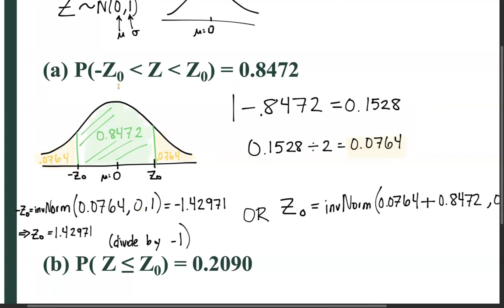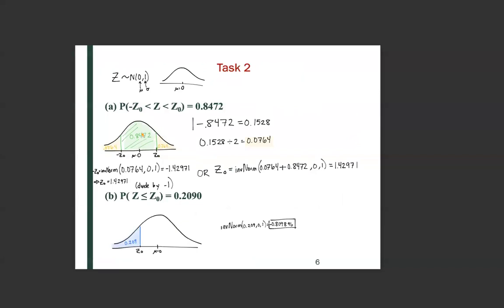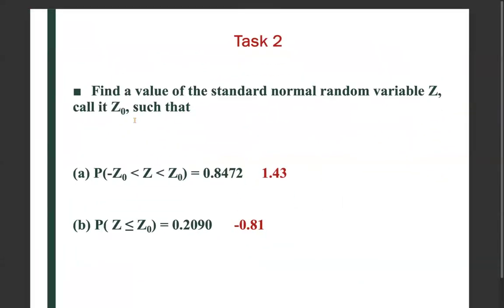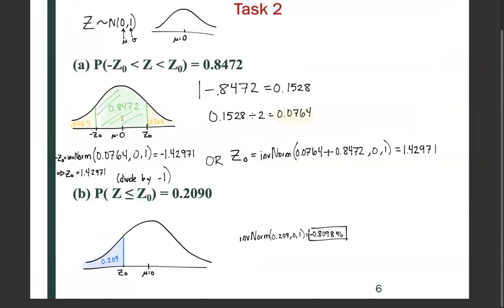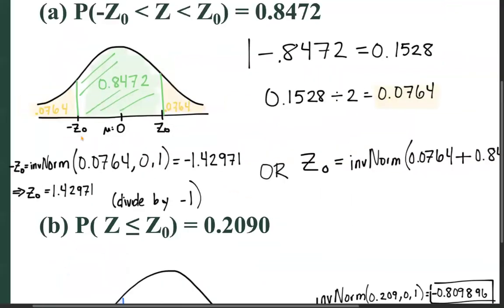And then because it's standard normal, our mean is 0 and our standard deviation is 1. And we get this negative value here. But the question prompted us, and if I go back, we want to find what our z0 is. So we found what negative z0 is. So in order to find z0, we would divide by negative 1, and then that would give us our z0.